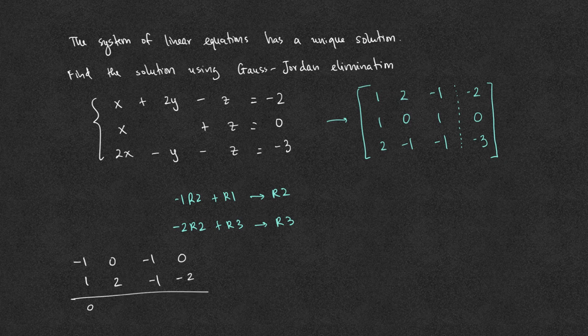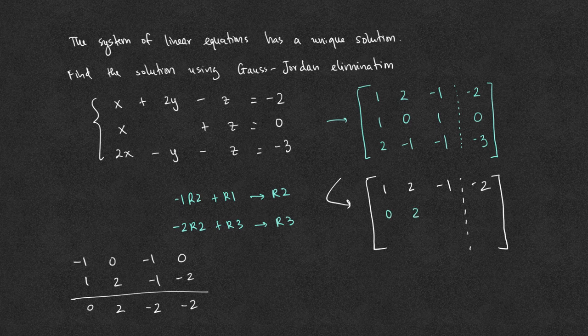This will give us 0, 2, negative 2, negative 2, and this will be the new row 2. We obtain an equivalent matrix where we keep the first row 1, 2, negative 1, negative 2, but the second row is now 0, 2, negative 2, negative 2.